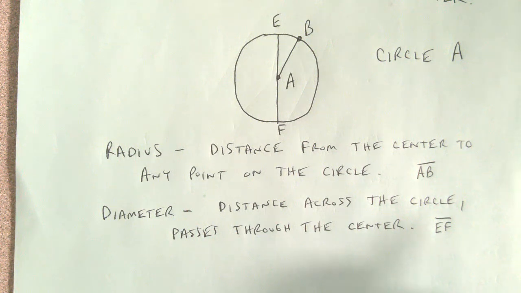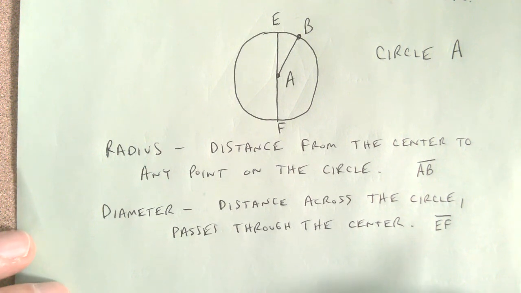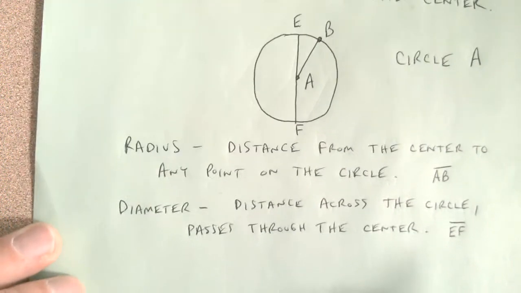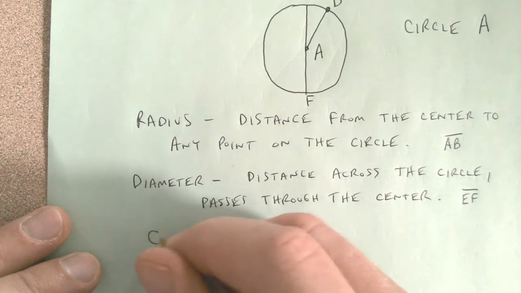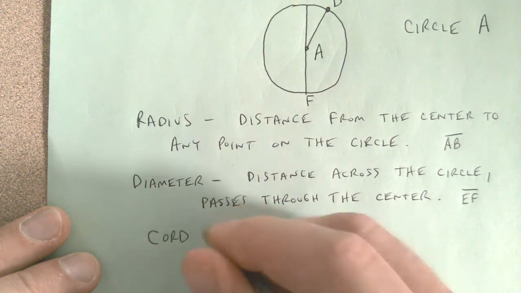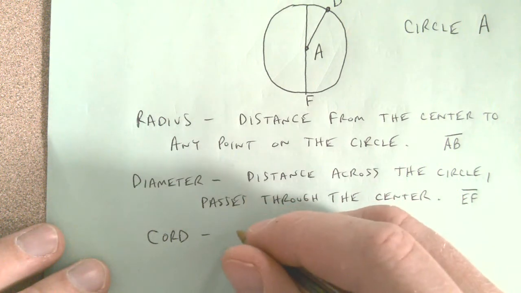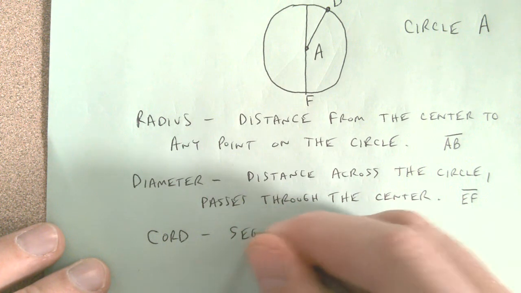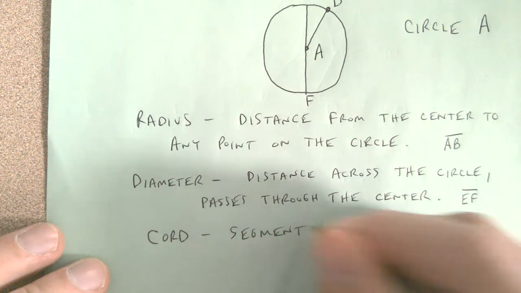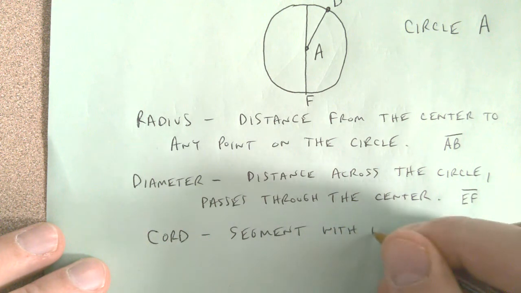Now we have three other terms here that might be new terms for you. The first one is a chord. So we say a chord is a segment with endpoints on the circle.